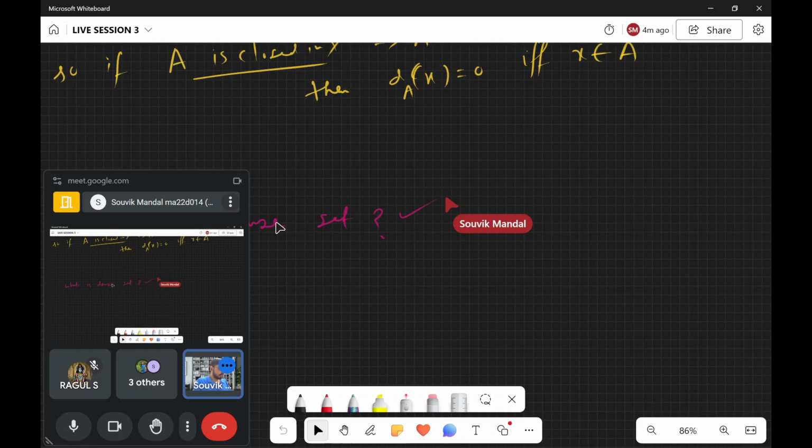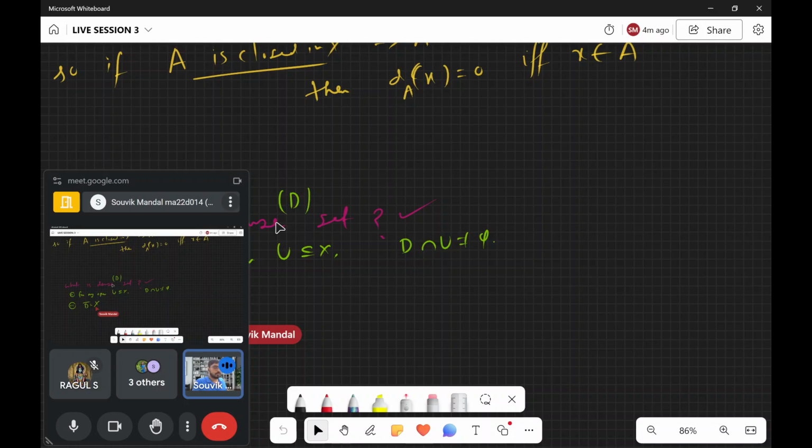There is one more thing. For any, suppose E be the dense, there is a third equivalent definition. So these are the three.